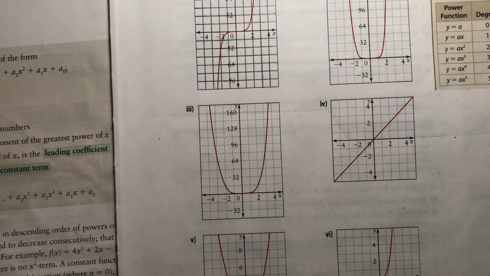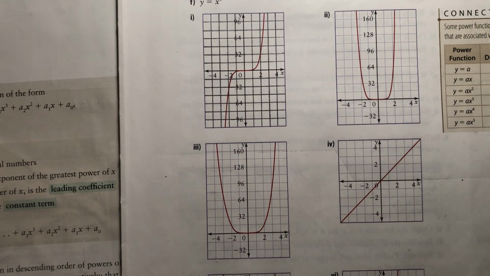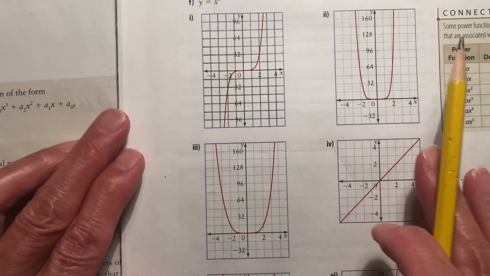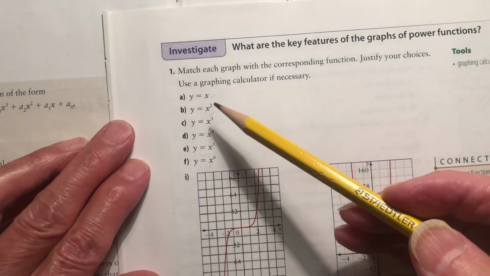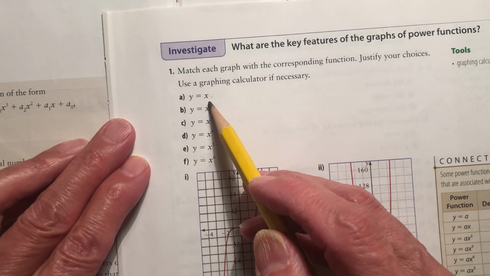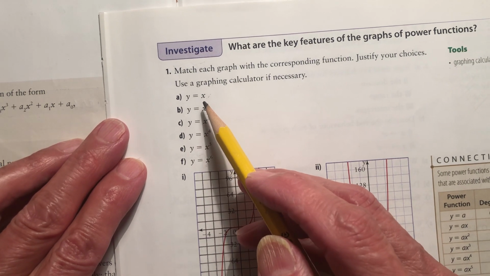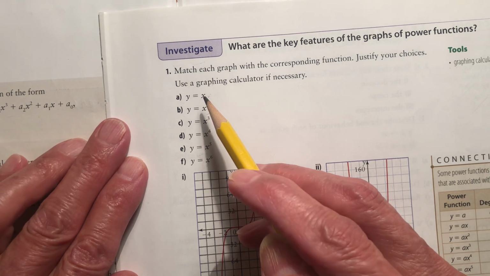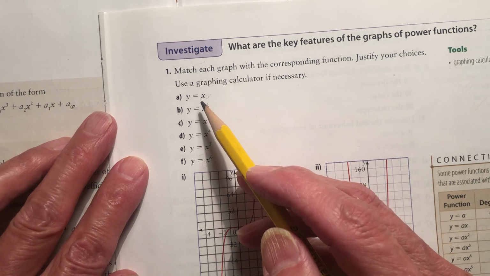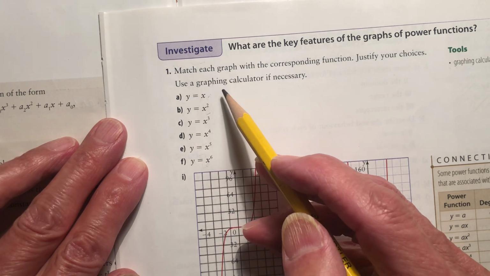Okay, that's fine. Now, how do we decide which function is represented by which graph? y equals x. You know that this is a straight line because this function agrees with the basic form of the straight line y equals mx plus b.